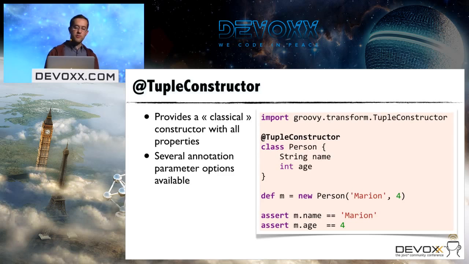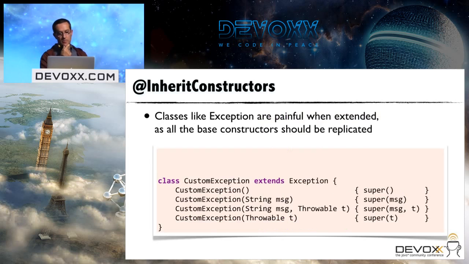In Groovy, people often use that, but especially in Java, we usually also create constructors which take those essential fields for your class. So I can say new person Marion 4 with the usual constructors taking fields as parameters, making the correlation between the parameters and the actual properties of your class.